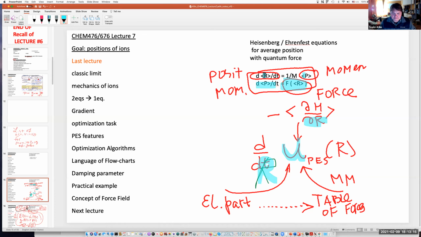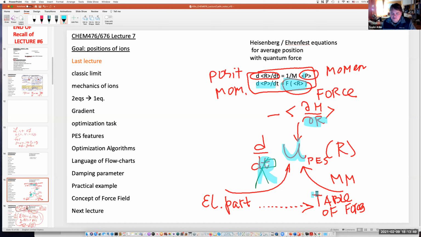But in order to practice such predictions, we do need the potential energy surface at each value of interatomic distance. So we need to recompute the value of total energy at each interatomic distance, or we need a pre-made table of forces for each interatomic distance.